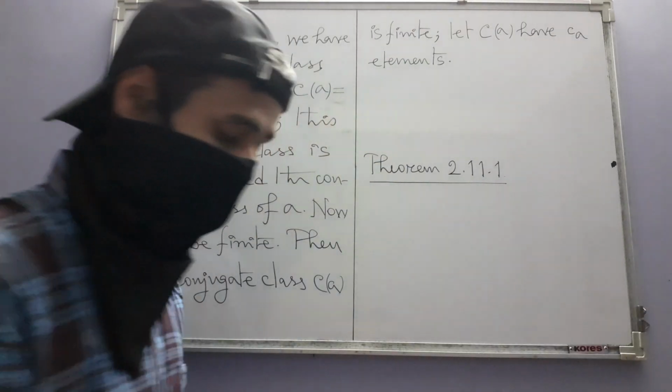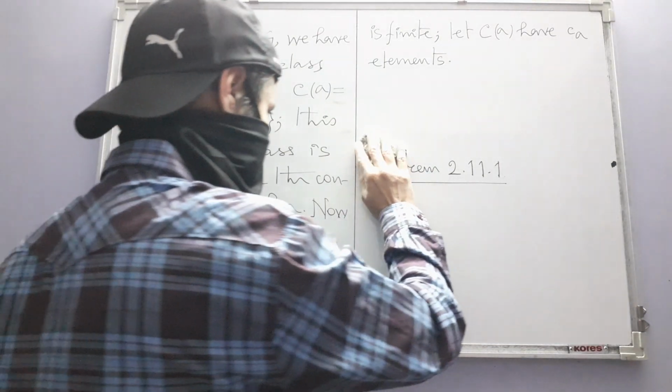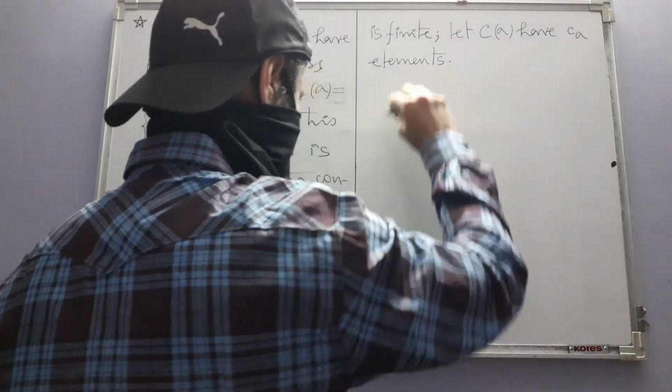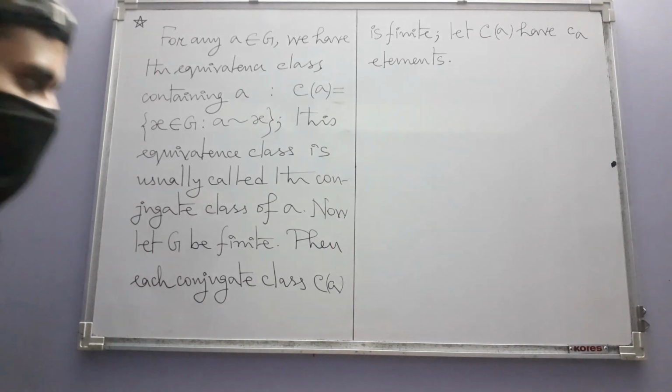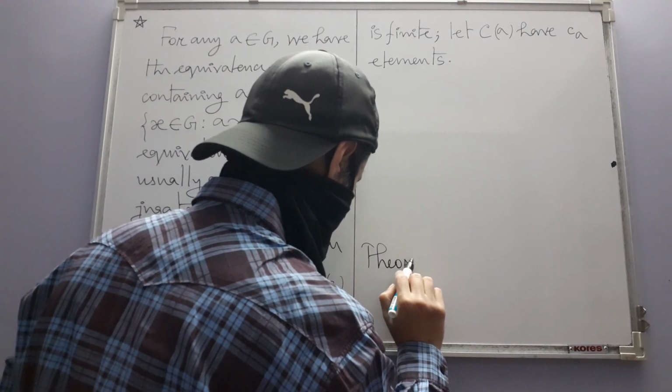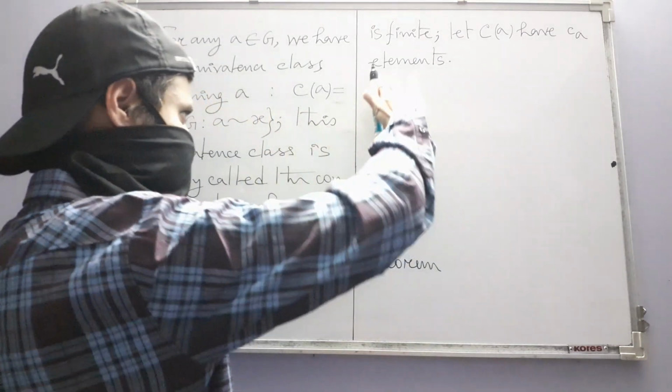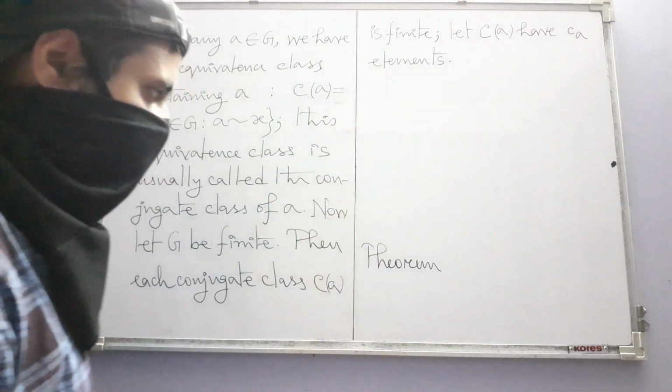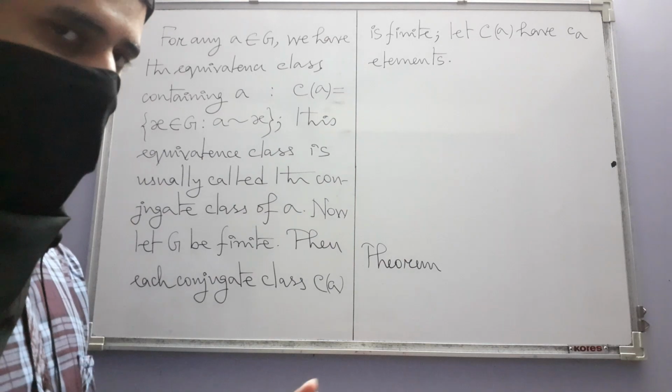Perhaps I need a little more space because I need two more items here. Let me write the theorem here. Why am I not writing whatever should appear here now itself? You will realize now.